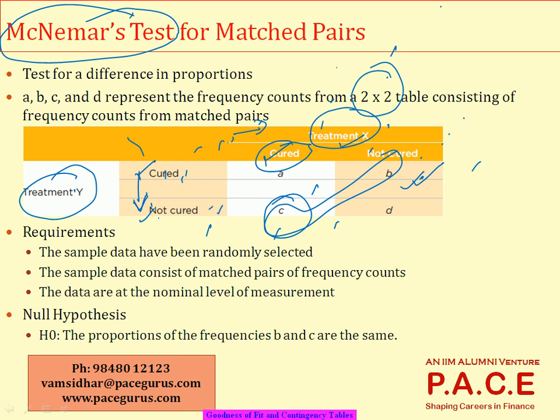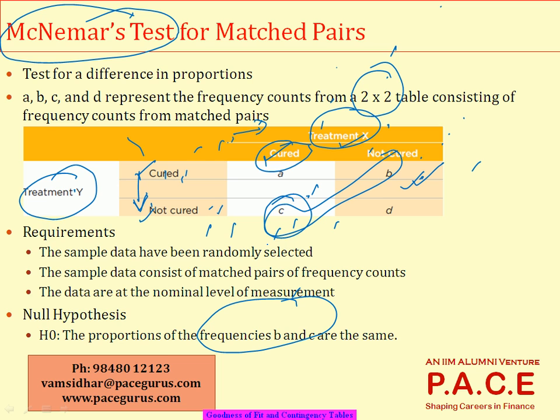So if I'm looking at the relationship between B and C, to be specific, the proportion of the frequencies of B and C are the same. What are that B and C?